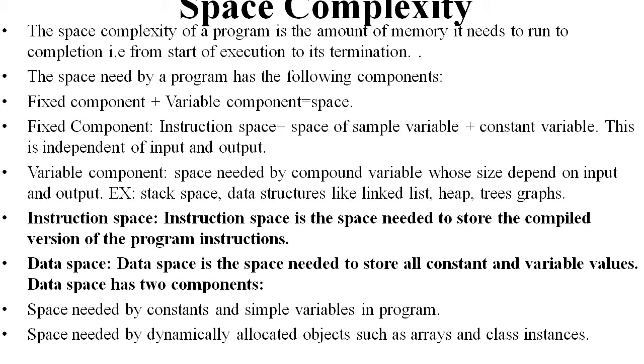For example, if I specify an array of one element only, with integer data type, it needs the space of 2 bytes only. And if at runtime I specify an array with 3 elements, these are integer data types, so it needs to allocate space for 3 integer values: 2 bytes, 2 bytes, 2 bytes, 6 bytes.